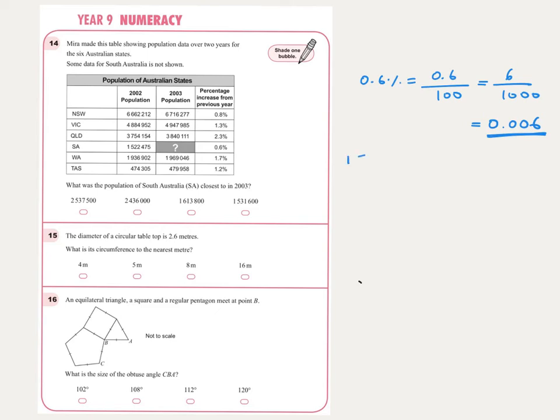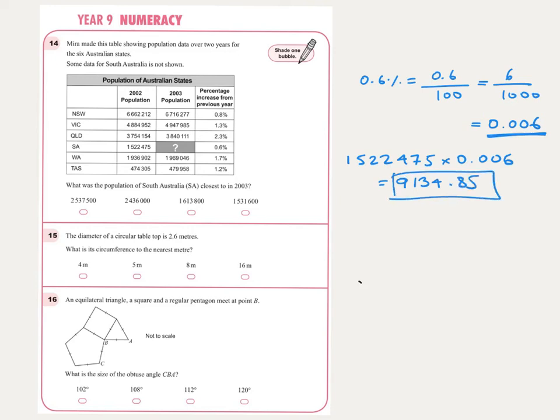So then you may use 522,475 times this change, and it's going to give you 522,475 times 0.006 is equal to 3,135.85. So this is the increase.